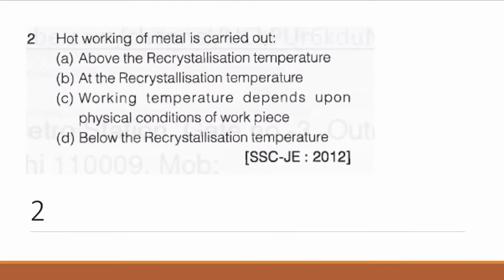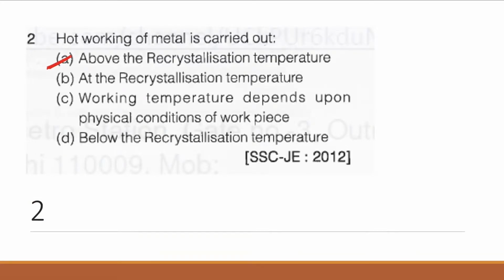Now the next question, number 2: hot working of a metal is carried out. Here the correct answer is that hot working is carried out above the recrystallization temperature.